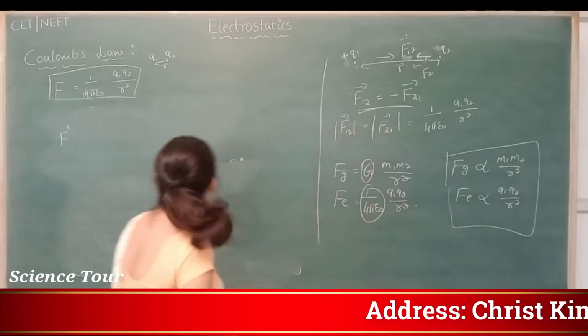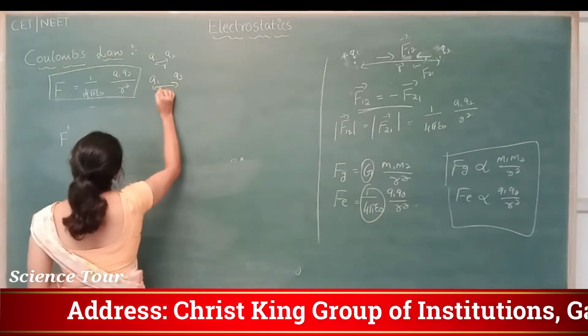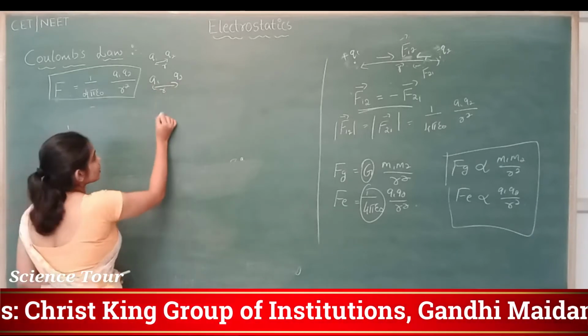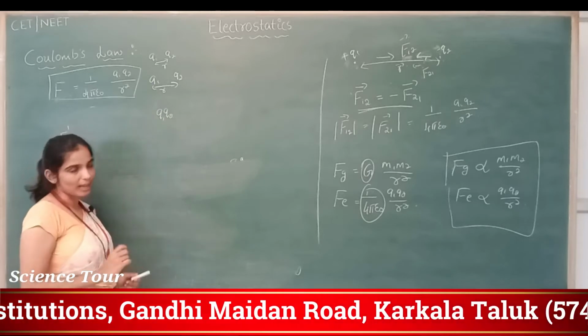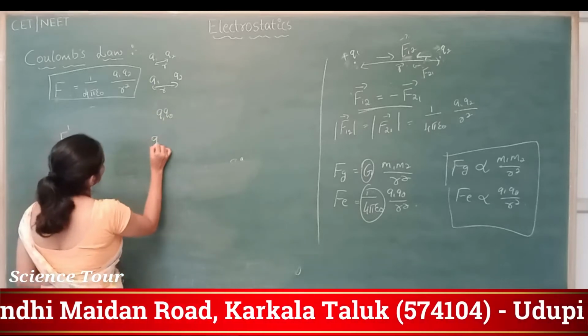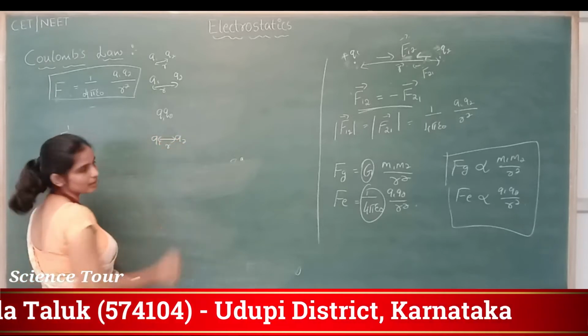Earlier Q1 and Q2 were separated by r. Next you bring Q1 and Q2 in contact together and again separate them to the same distance.